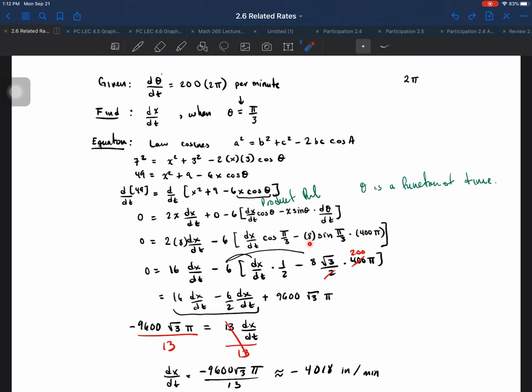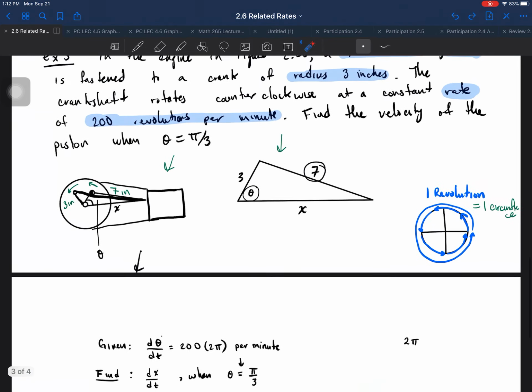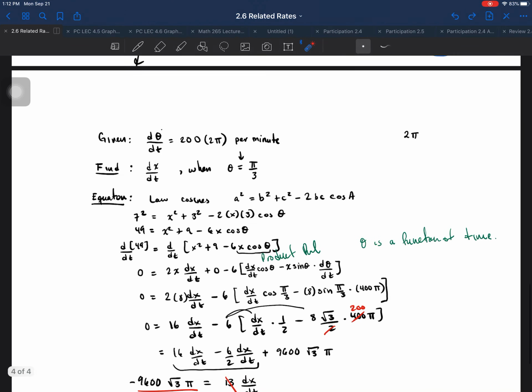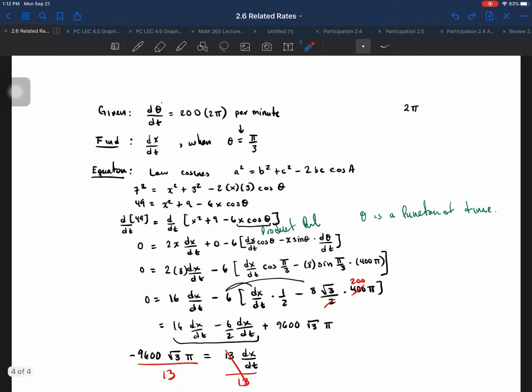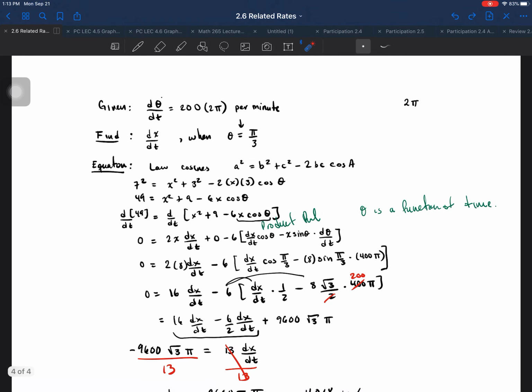So we need to figure out how we're going to find x equals 8. We know what theta is, and we know what d theta dt is. So let's figure out how we can find x equals 8, and that would be by looking at this equation here.